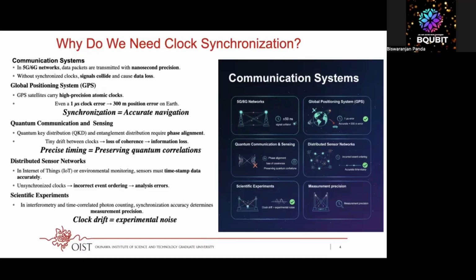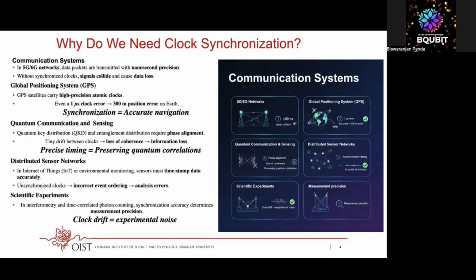When you are communicating with 5G or 6G or any kind of network, you need to send data packets. If the data packets do not arrive at the particular expected point of time, then data collision will happen, and you will lose your data. Your network stability will be unstable.